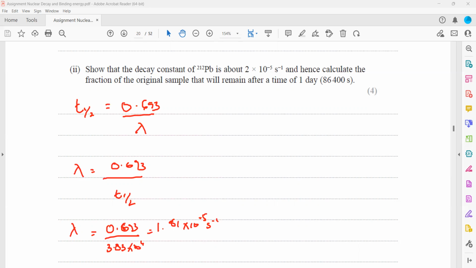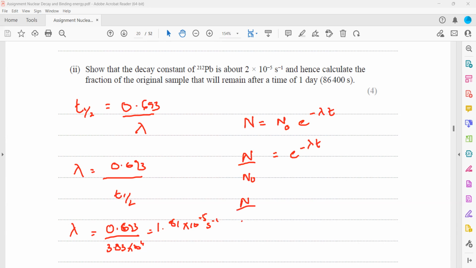Now we need the fraction left after 1 day, which is 86,400 seconds. We use the formula N equals N naught e raised to the power minus lambda t, where N naught is the original number of atoms and N is the number of atoms after a certain time. We need the fraction, so N over N naught equals e raised to the power minus lambda t.